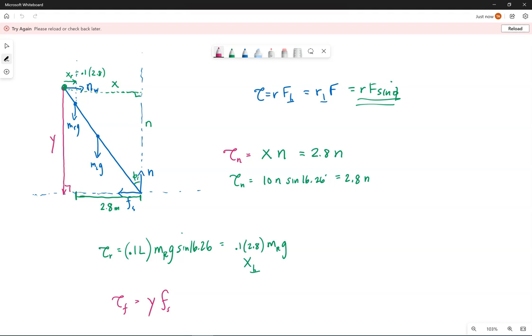So sometimes it ends up being fairly straightforward to find the perpendicular distance. Sometimes we need to find those components, which is what our equation does for us, as long as we are careful about finding phi, the angle between R and F.